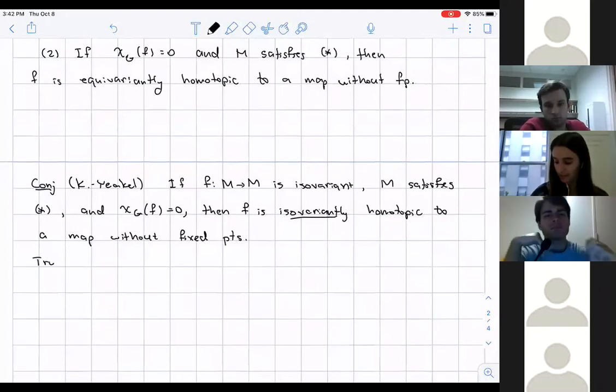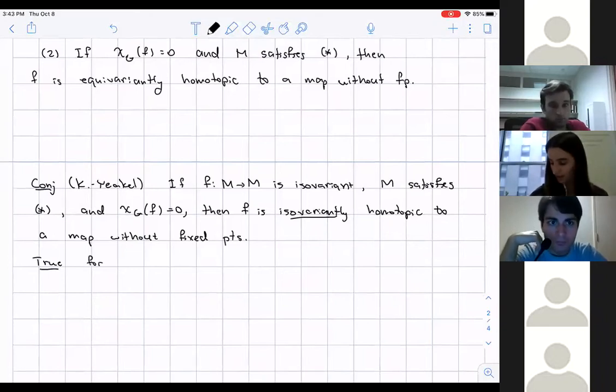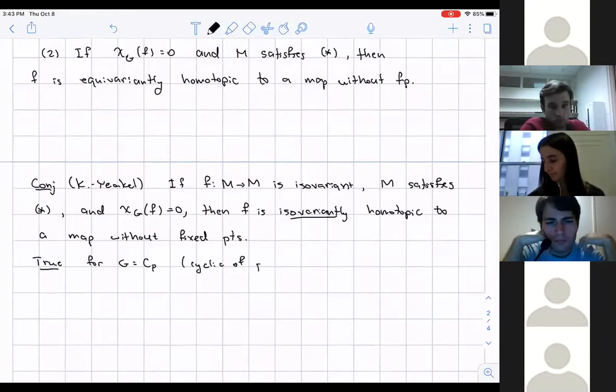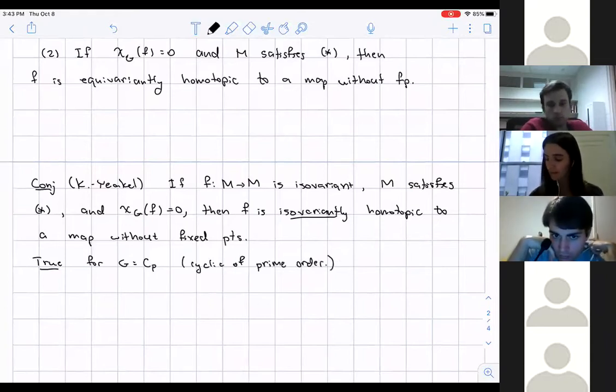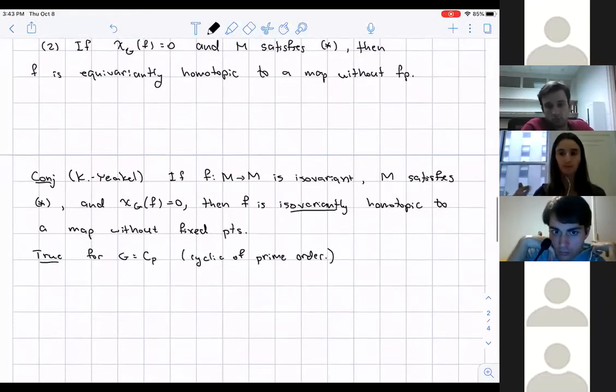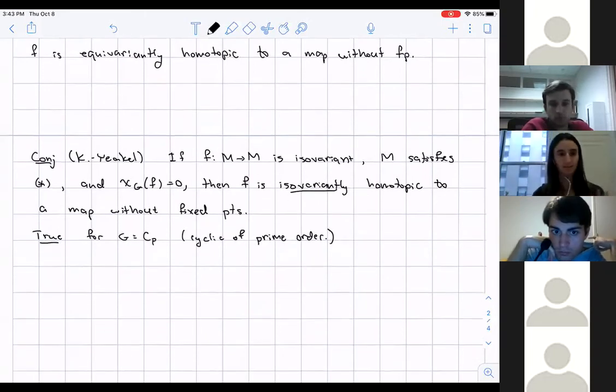One of the reasons why we think this is true is because it's true when your group is C_p, the cyclic group of prime order. And so the hope is that we can leverage that, do some kind of inductive process to show that it's true for every finite group. So that's kind of the idea here.